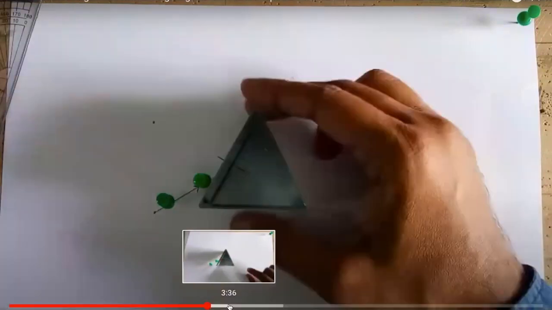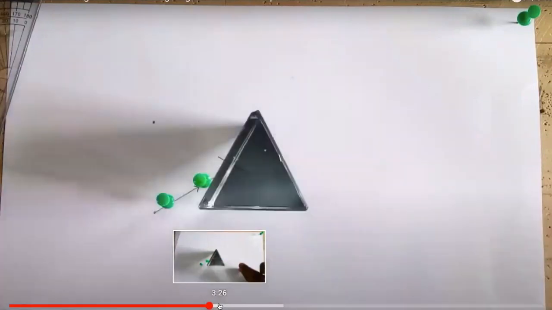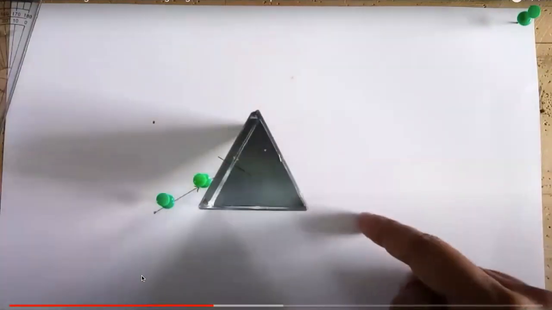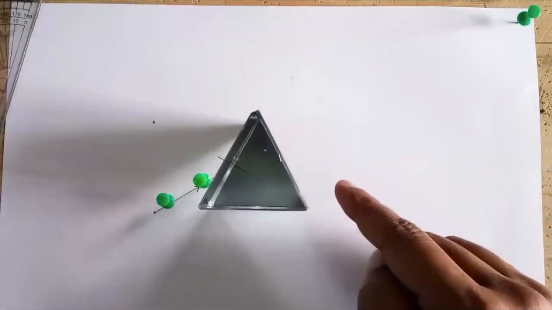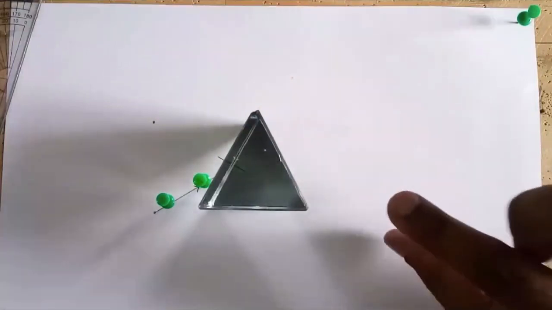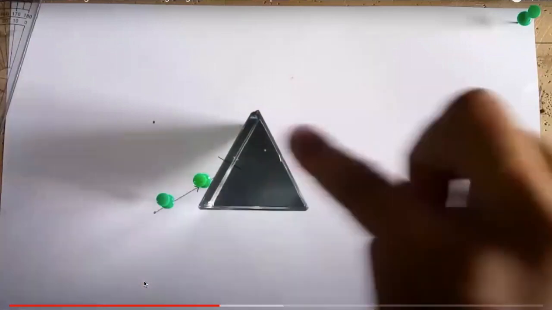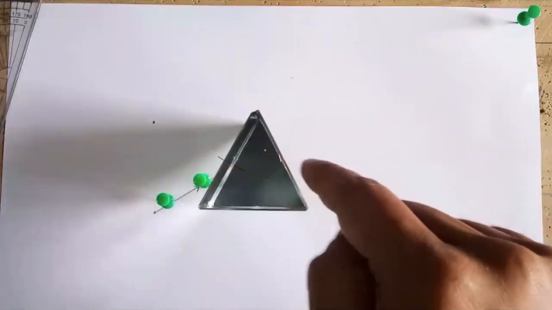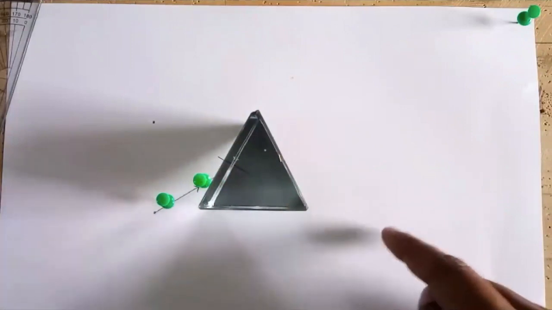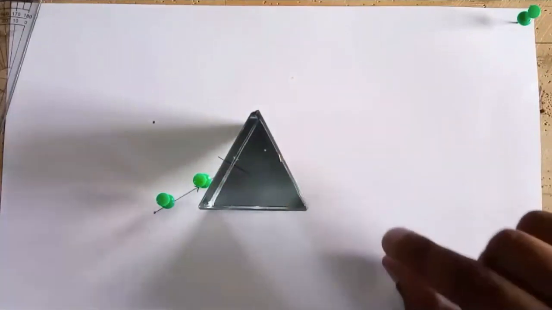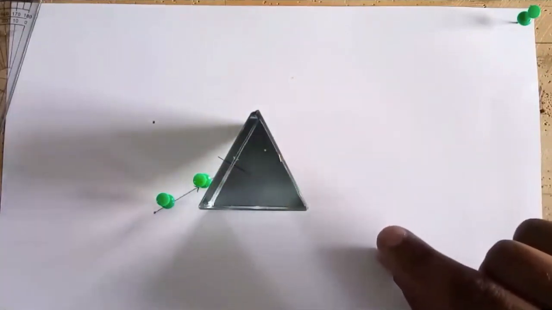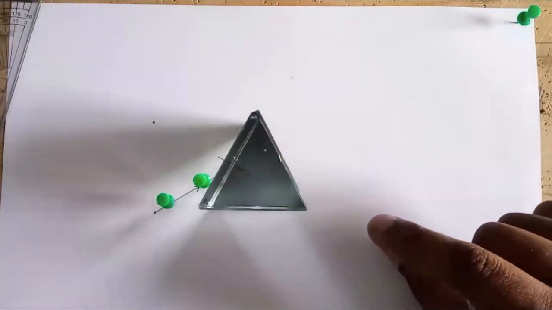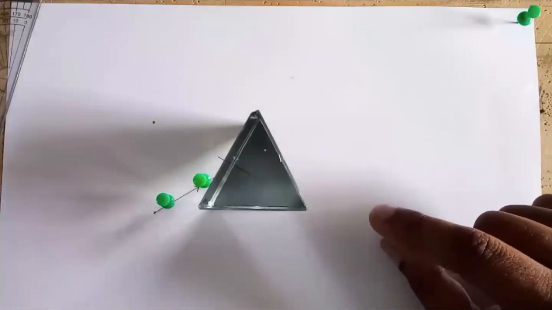You are supposed to see these two pins from this side. They will be visible to you. And now I'll be seeing these two pins from this side, because this is the incident ray, that would be the refracted ray, and the emergent ray would be somewhere over here. So I need to see the pins from here, and you need to see it very carefully with one eye closed to avoid the parallax error.